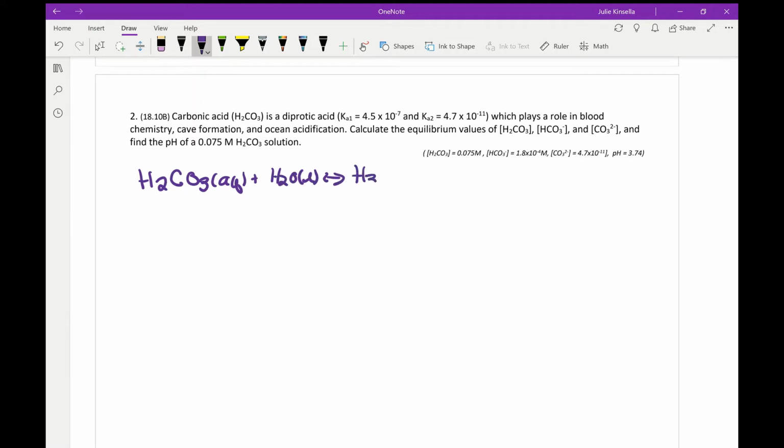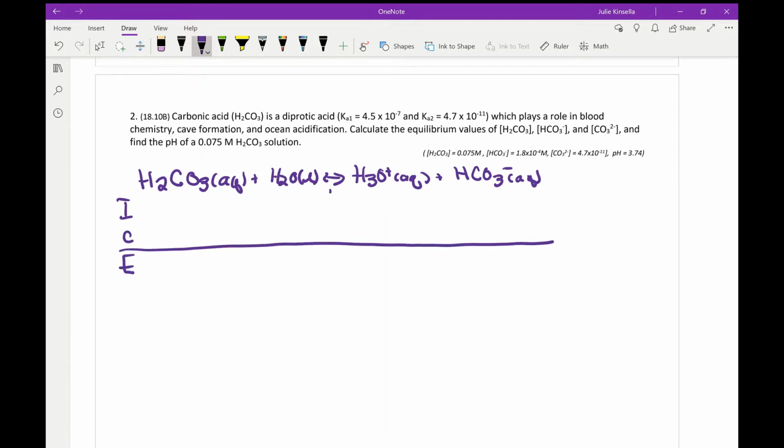It's going to produce our hydronium ion, and then the remaining anion that's then going to undergo a second ionization shortly. Set up my ICE table. Right, we were given the initial concentration as 0.075.